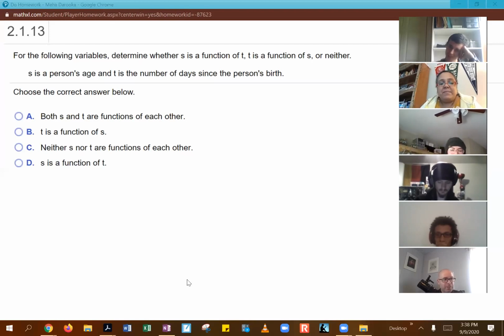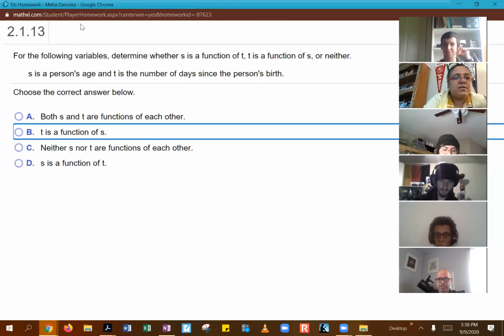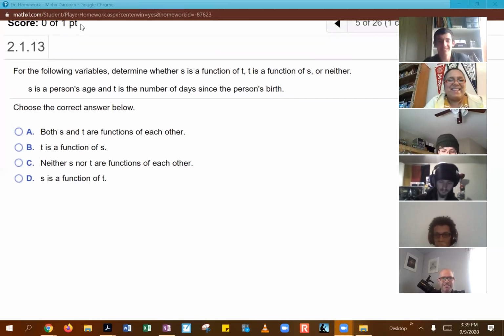So obviously that means option B is gone, because if you know the person's age, you cannot calculate their exact number of days. I know a couple of you did pick that as your option. So B does not work.